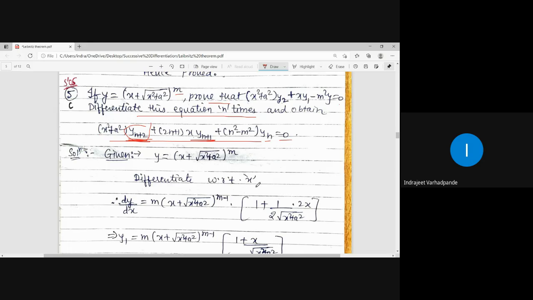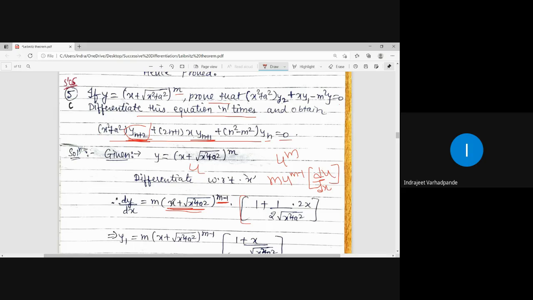Now what is the derivative of u to the power m? It is m into u to the power m minus 1 into the derivative of u. So what is u to the power m here? x plus under root of x square plus a square is treated as u. So m into u to the power m minus 1 into the derivative of this bracket.